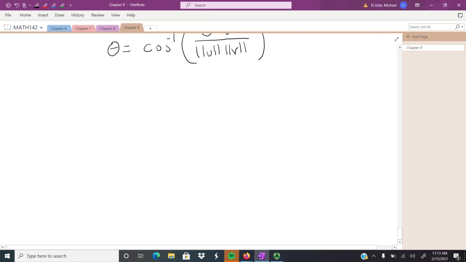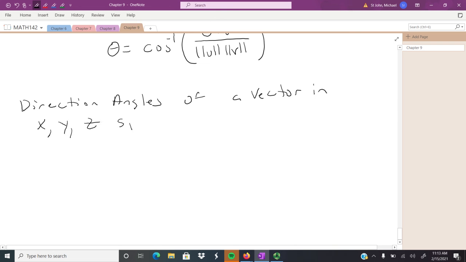So now that we're talking about a vector in three-dimensional space, we can have the direction angles of a vector in x, y, z space. So cosine alpha is given by a over the magnitude of v, and this is with regards to the x-axis.